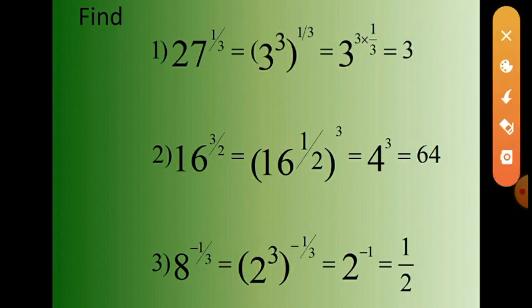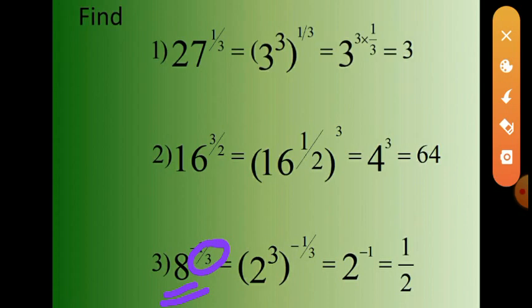Now see whether you can try this. 8 raised to minus 1 by 3. Yes, what is the denominator? The denominator is 3. Don't think of the minus sign first. Just check the denominator. The denominator is 3. So what do I have to check? Whose cube is 8?